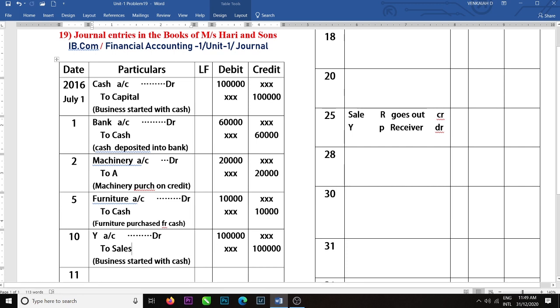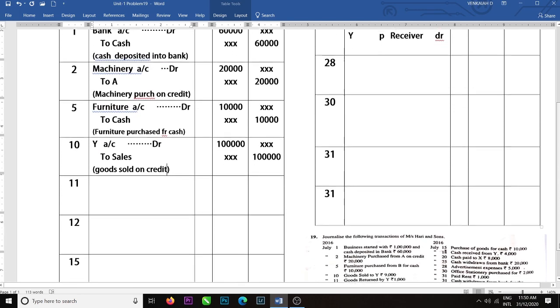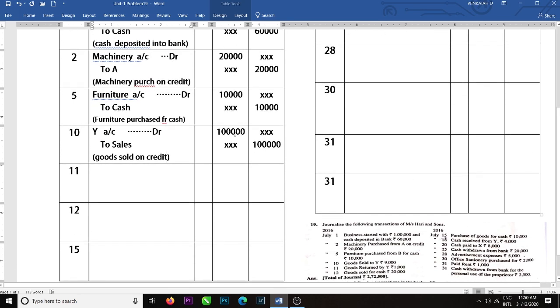Goods sold on credit. The amount is 9,000.